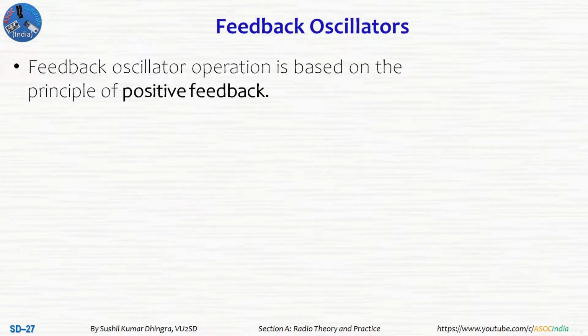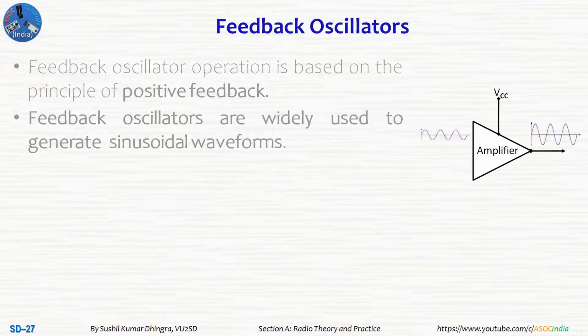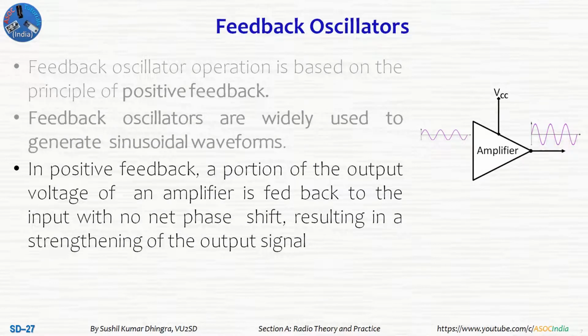Feedback oscillator operation is based on the principle of positive feedback. Just note this down. Feedback oscillators are widely used to generate sinusoidal waveforms. Same principle: in positive feedback, a portion of the output voltage of an amplifier is fed back to the input with no net phase shift, resulting in strengthening or giving gain to the output signal.